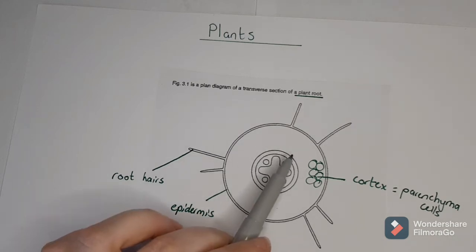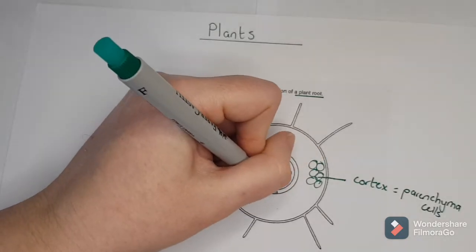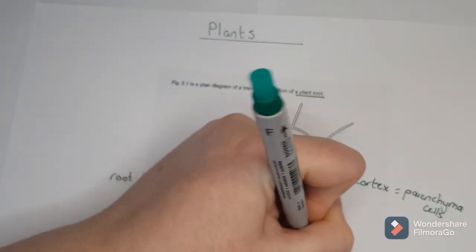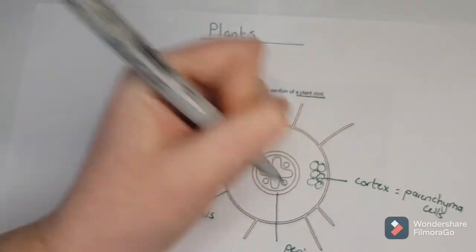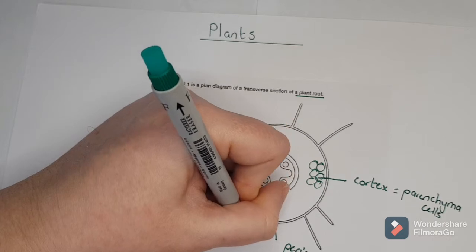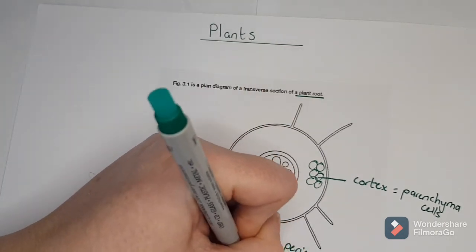Then you would get to the inner layers and you would have the first inner layer, which we call the pericycle, followed by the one directly below it, which would be an endodermis.